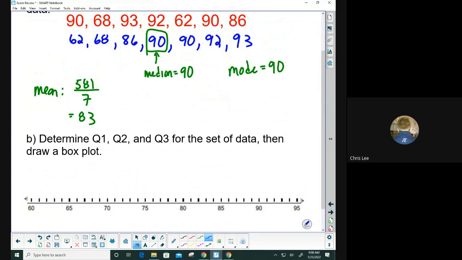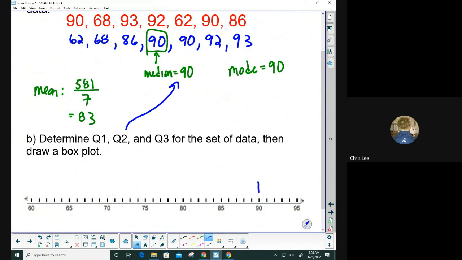We actually already have one of those. Do you remember which one you have? That's right. Q2 is right here. It's the median. So we know that we're going to have a median at 90. So I could draw a little line there.